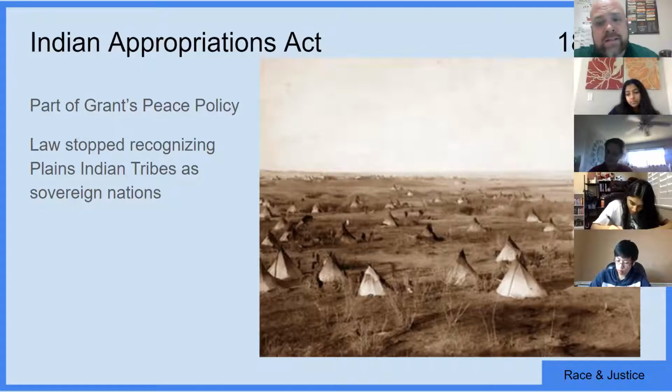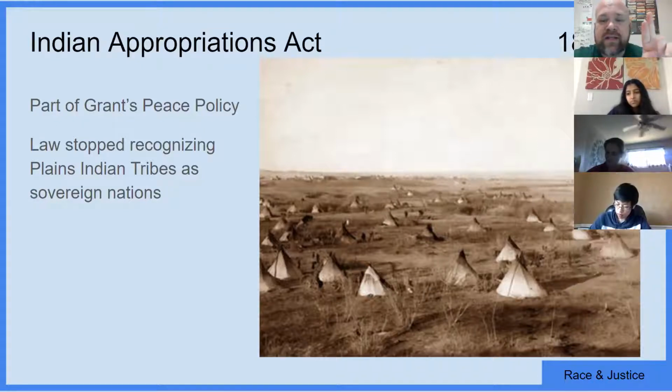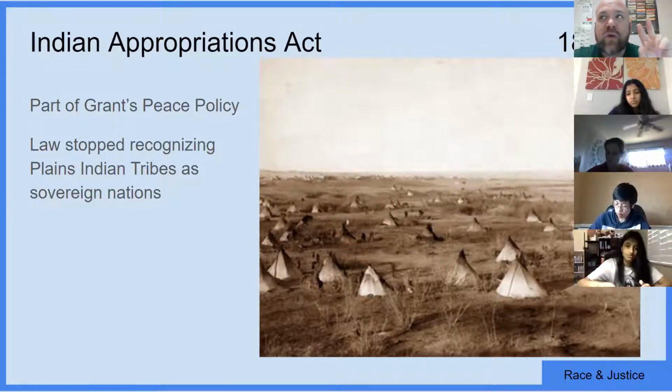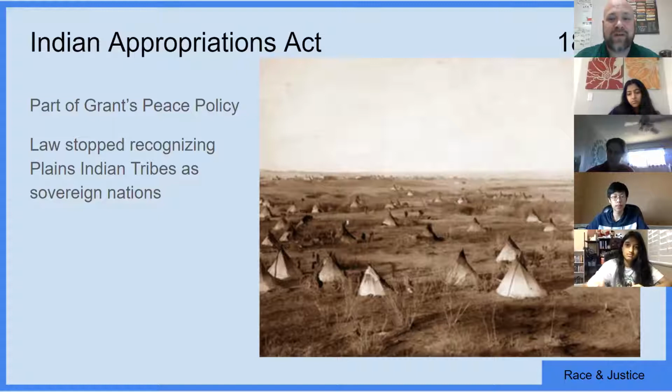Okay, Grant basically says, we won't recognize the Sioux Treaty because when the Sioux signed the treaty, they were living on land that the United States didn't control. But it's our land now, baby. We control it, right? The native tribes are no longer treated as foreign nations, and they're now treated as insurgents within the United States, as enemies inside of the United States.